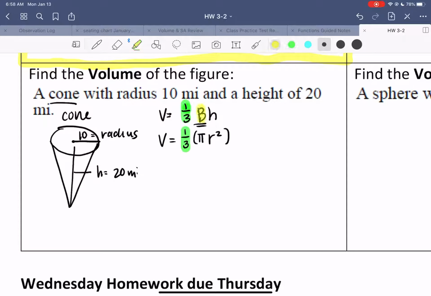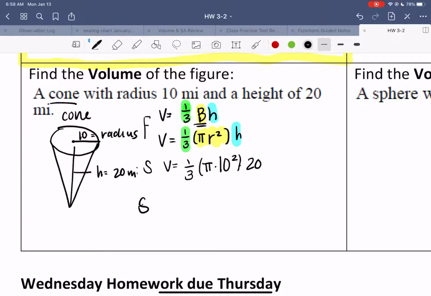We have our base, which is going to be here, and then our height, we still need to include that. So here's our formula. And then when we substitute, our formula is going to look like 1/3 times pi times radius squared, and then that is also going to be times our height, which is 20. So from there, you should be able to punch that out in your calculator.